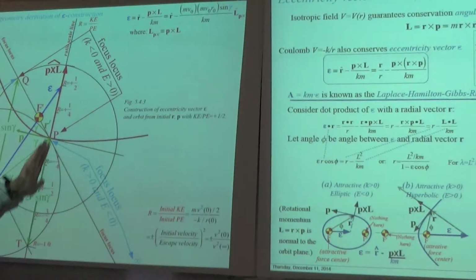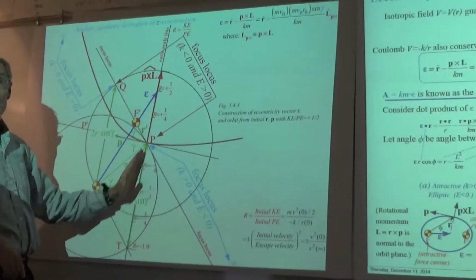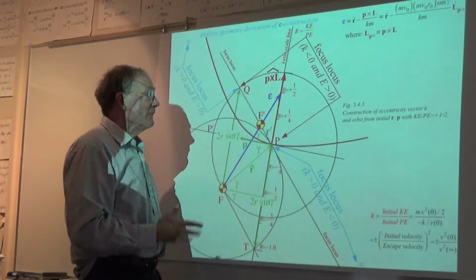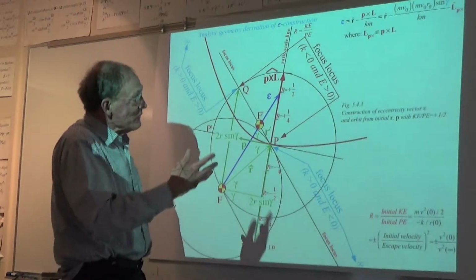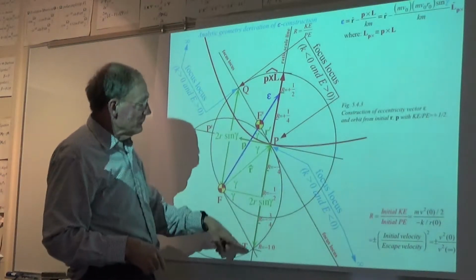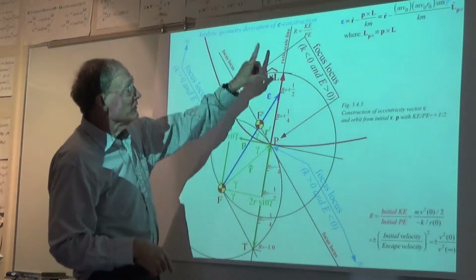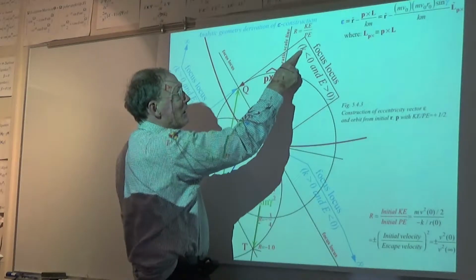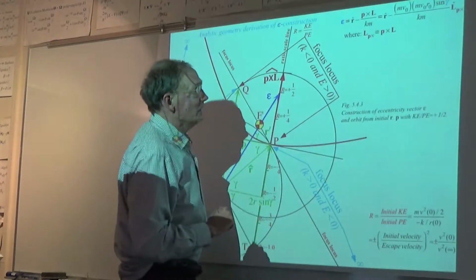LP cross is this way. If L is positive, it goes this way; if it's negative, it goes the other way. So that's the point. It can either be in the negative region or the positive region. Right now I'm looking at that rare case of a repulsive orbit.